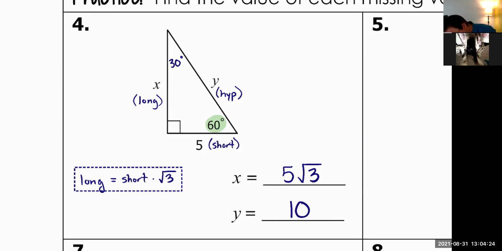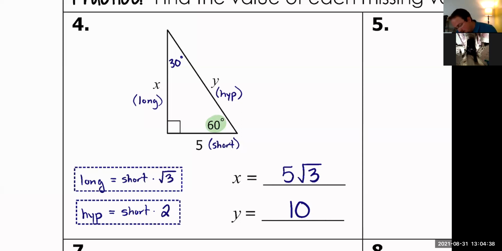So again, just as a reminder there, hypotenuse equals the short leg times 2. So everything's really with respect to that short leg.